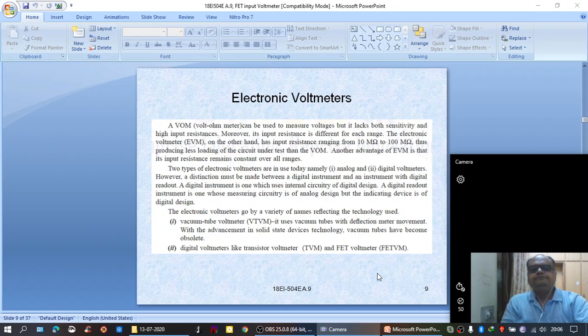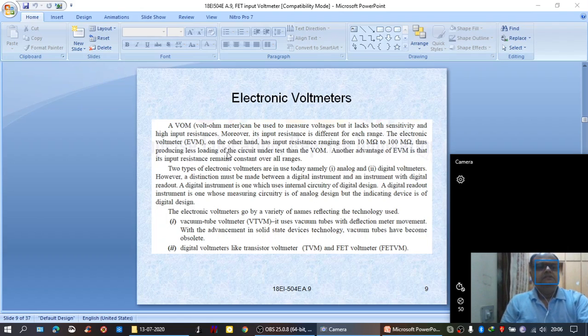Next, a VOM, that is the normal type of voltmeter using multiplier resistance and PMMC movement. Volt ohm meter. A volt ohm meter can be used to measure voltages, but it lacks both sensitivity and high input resistance.